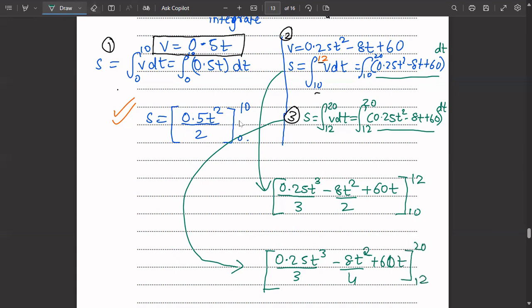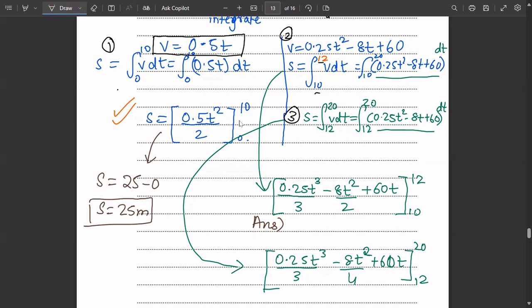Now let me find the displacement for the first one. 0.5t square upon 2: if I use 10, I'll get 25, and if I use 0, I'll get 0. So this displacement is 25 meters.